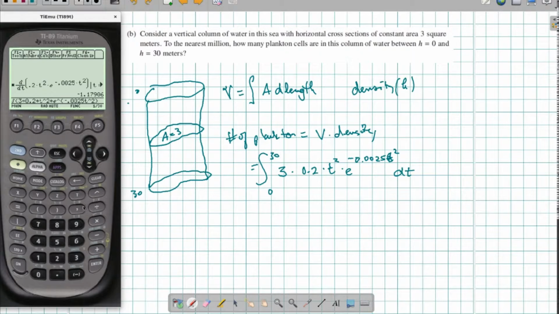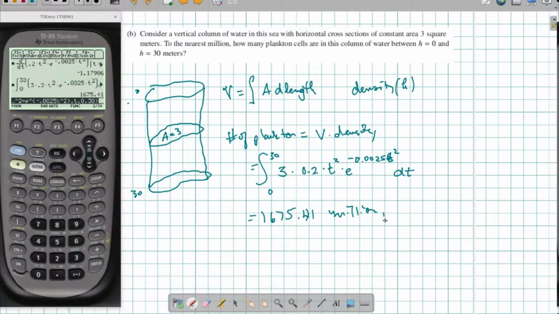And I want to integrate this with respect to h from 0 to 30, and we end up with 1,675.41 million plankton. Of course, they're asking us to do this to the nearest million, so that's how many plankton it is to the nearest million, 1,675.